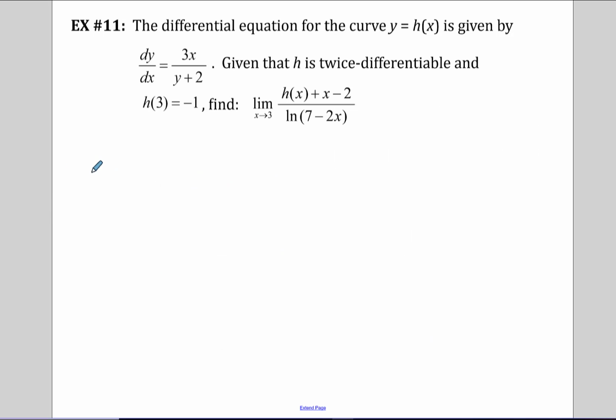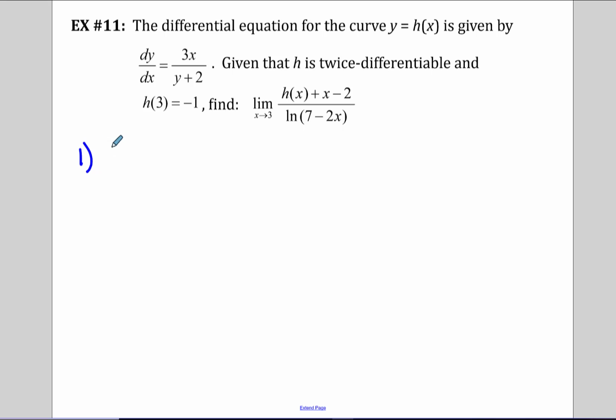2 more. The differential equation for the curve of h of x is given by this differential equation. Given that h is twice differentiable, and we know the ordered pair (3, -1) is on the function, we want to find this limit.